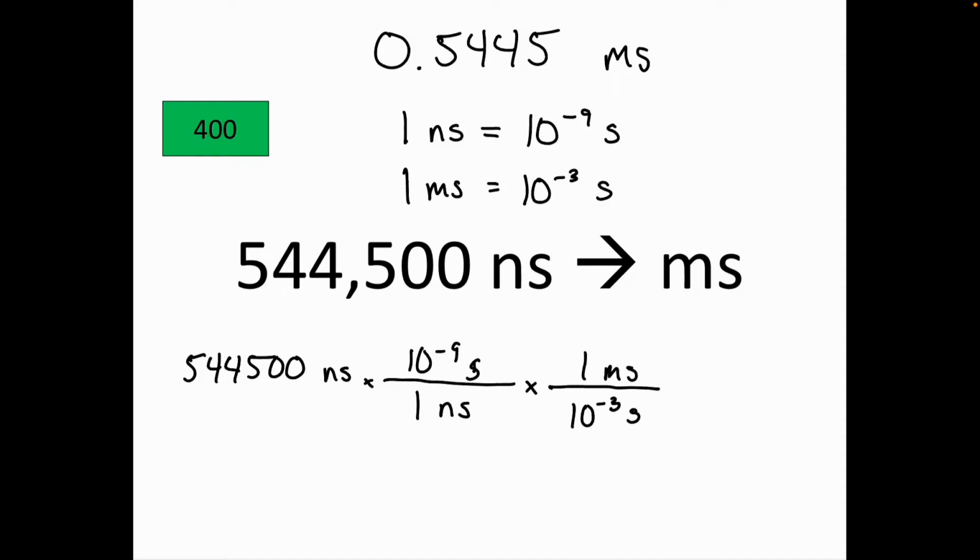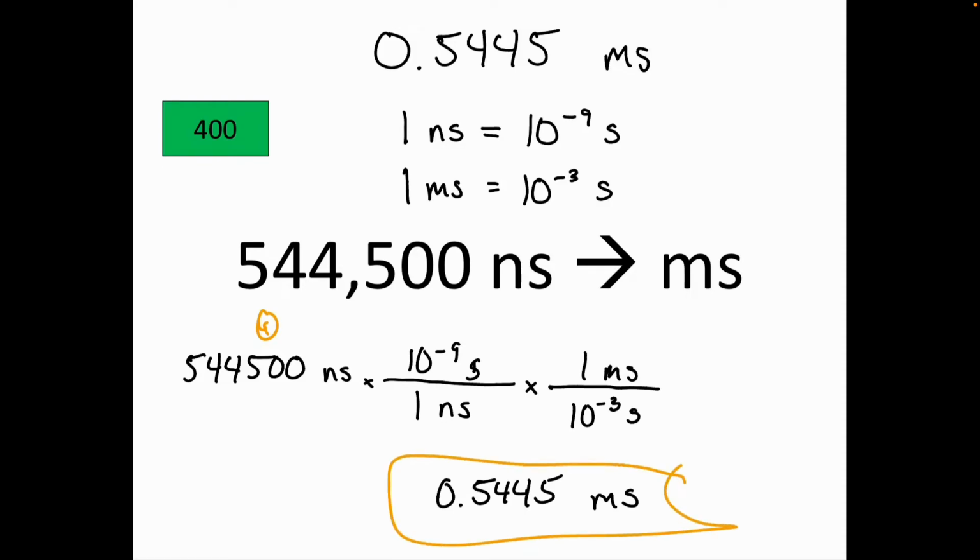Punch that into the calculator, and my calculator gives me 0.5445. My units would be milliseconds, and for sig figs, I have 4 because there's no decimal in that number, so my calculator did me right. Okay?